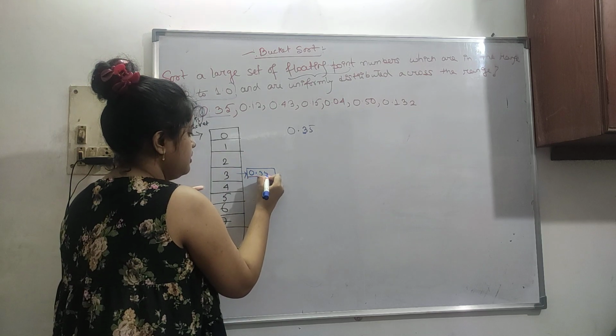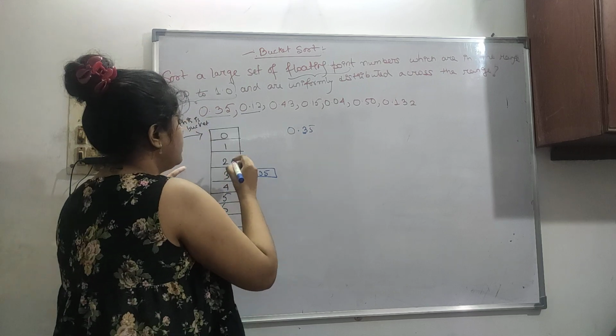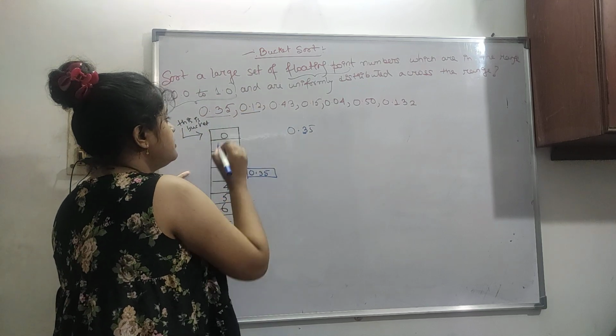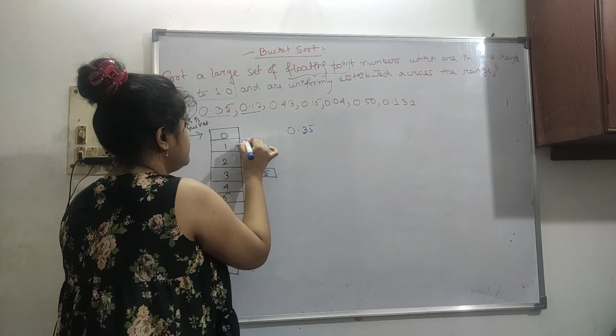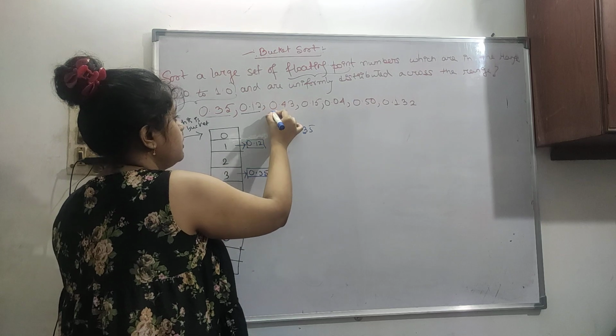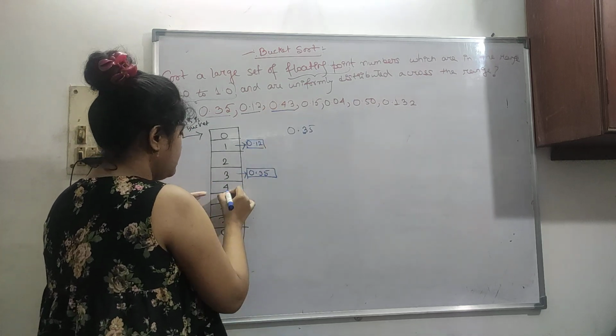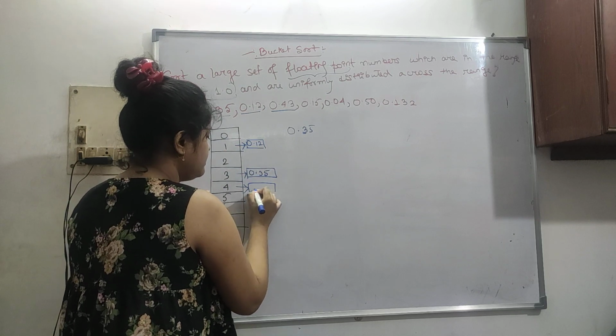So 0.35 like this. Take another example, 0.12. Here the first digit after the radix point is 1, so it will be placed here, 0.12. Now 0.43, after the radix point 4 is present, so we place it here, 0.43.